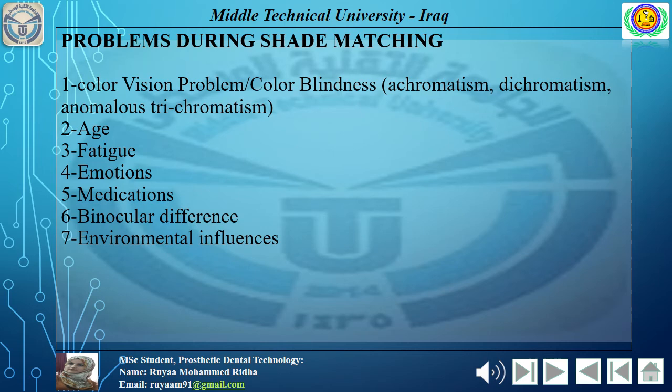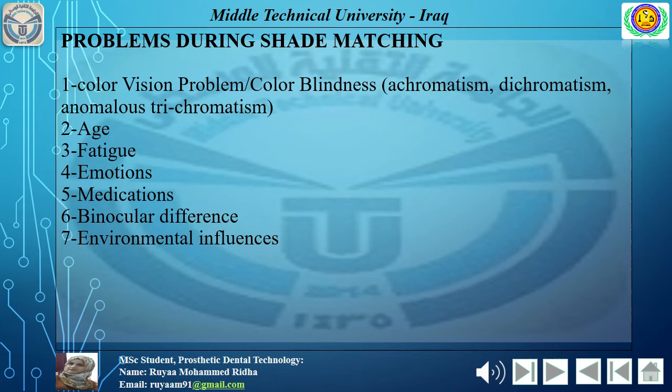Another problem is aging, which also causes problems during shade matching, because the cornea and lens of the eye become yellowed with age. Another factor is fatigue. Tired eyes cannot perceive color as accurately as rested eyes. Also, emotion: color can function as a language.